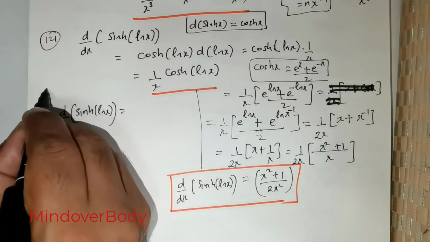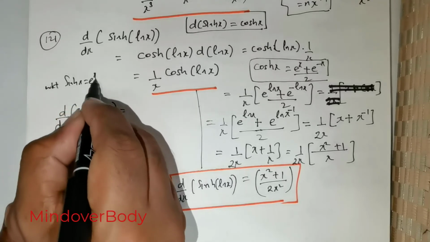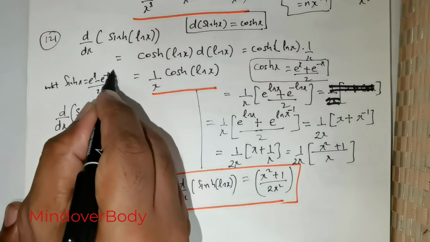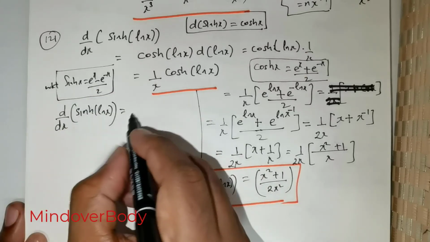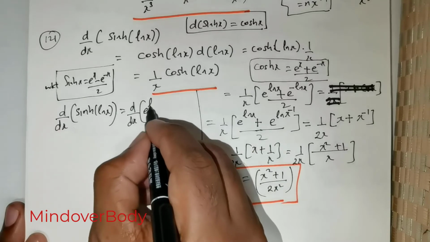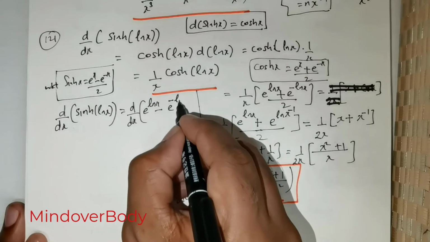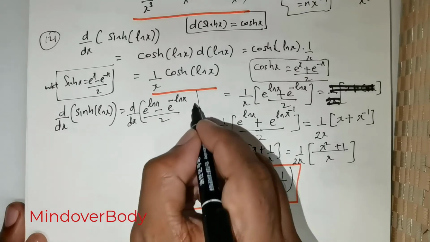But we know that sinh x is (e raised to the power of x minus e raised to the power of negative x) over 2. We know this. So this is equal to d over dx of (e raised to the power of ln x minus e raised to the power of negative ln x) divided by 2.